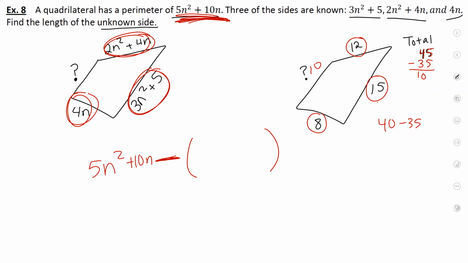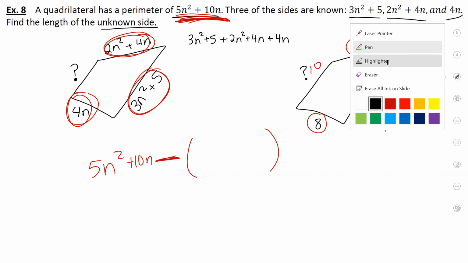I'm going to add up all the sides. I have 3n squared plus 5 plus 2n squared plus 4n plus 4n. Those are the 3 sides. We're going to add them all up. So let me show you the like terms here.